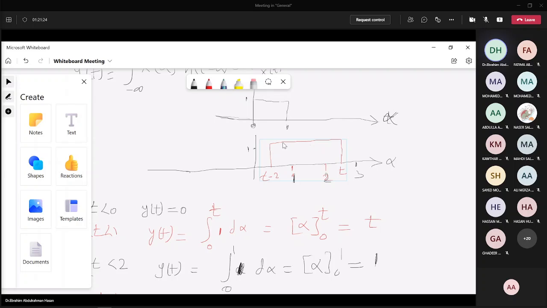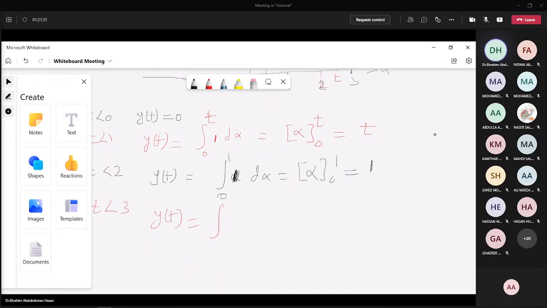So we just have multiplication between t minus 2 to 1, because after 1 this is equal to 0. So then it is 1 multiplied by 1, 1 d alpha, but from t minus 1 to 1. So then this is equal to alpha from t minus 1 to 1. So then at 1 it equals 1, at t minus 1 it equals t minus 1. So then this is equal to 1, 2 minus t.